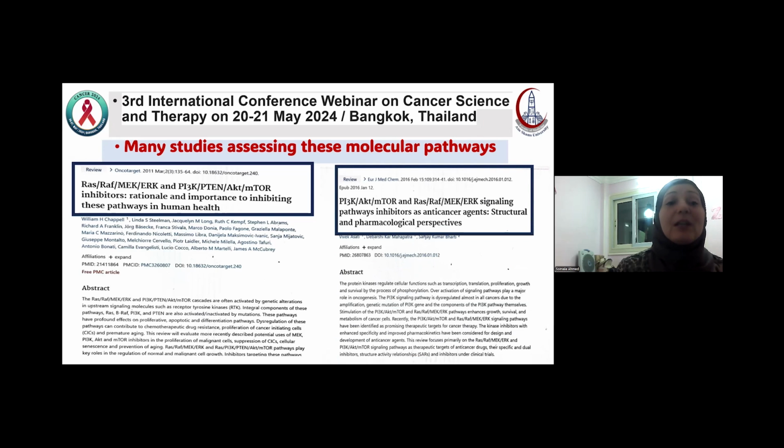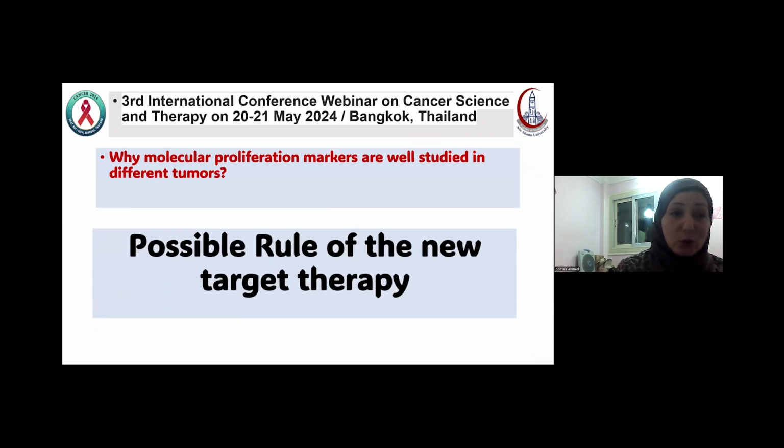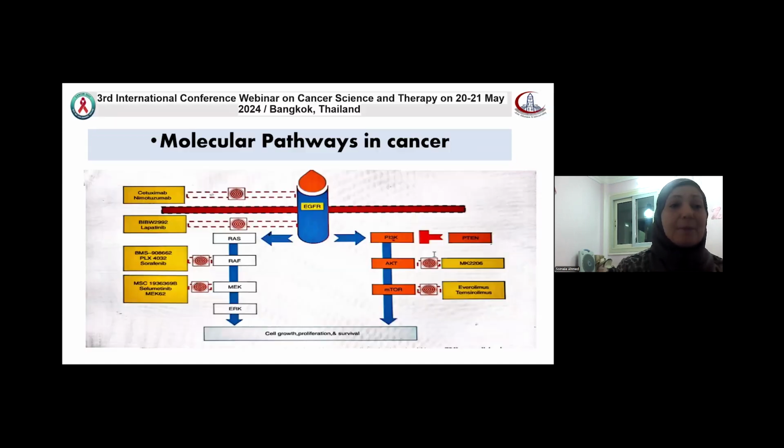And this is another paper that started to study these molecular pathways, found the inhibitor, and used it as anti-cancer therapy. So the aim of knowing exactly which molecular marker is mutated in the cancer cells is to prepare an antibody for this marker that can be used as a new targeted therapy.